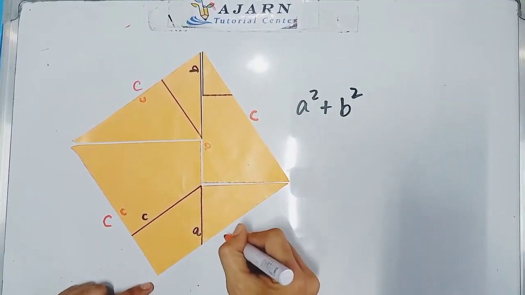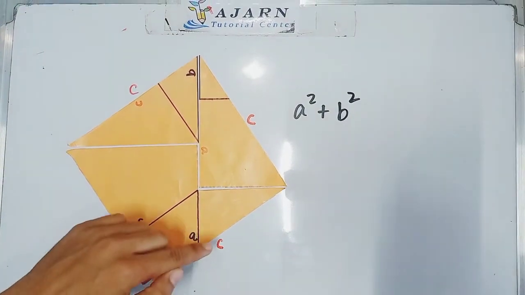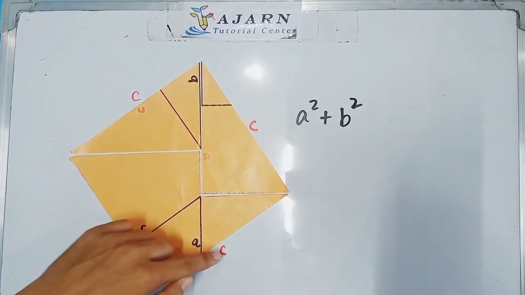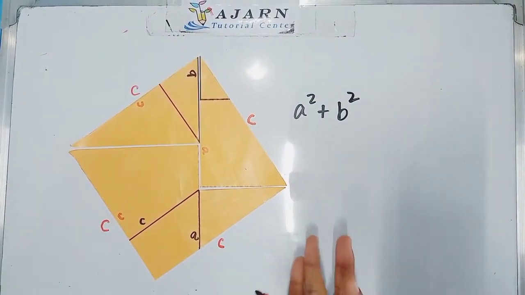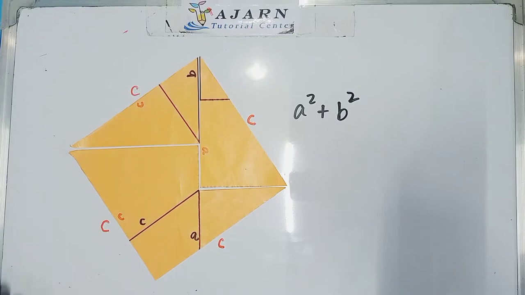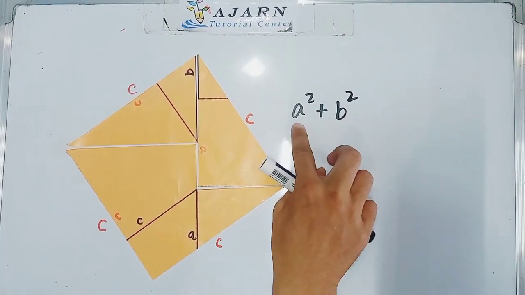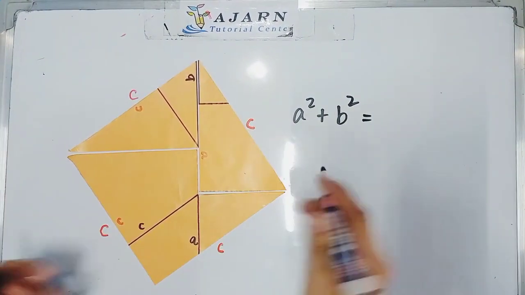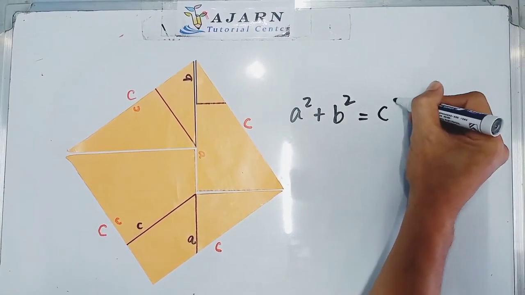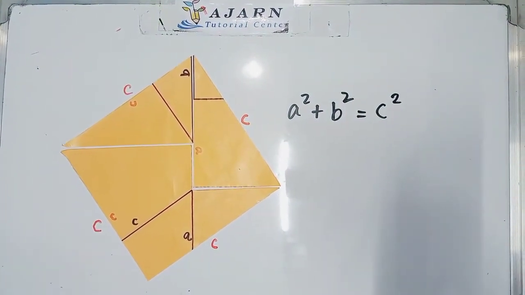Okay, so there you go. So we have this shape with sides C, C, C, C. So that's a square with side C. In other words, the original shape A squared plus B squared is now equal to this square here of side C, C squared, and that proves the Pythagorean theorem.